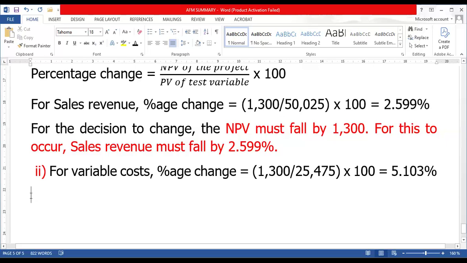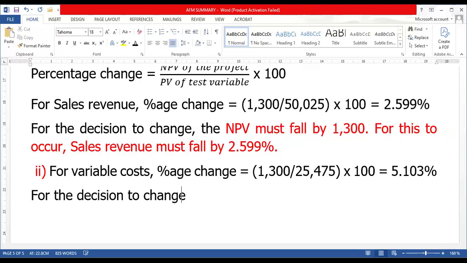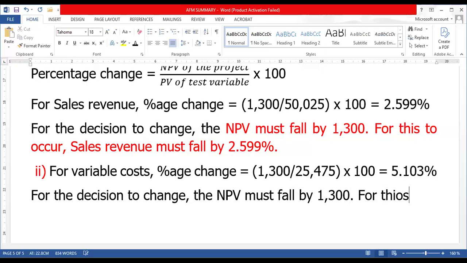Here we are going to say that for the decision to change, I'm using just a simple word, the NPV must fall by 1,300.